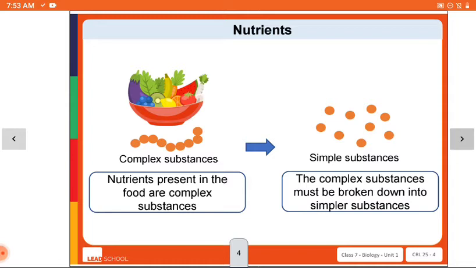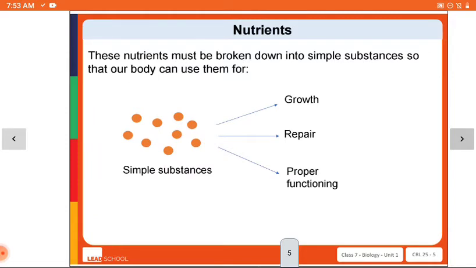The complex substances must be broken into simpler substances so that our body can use them for growth, repair, and proper function.